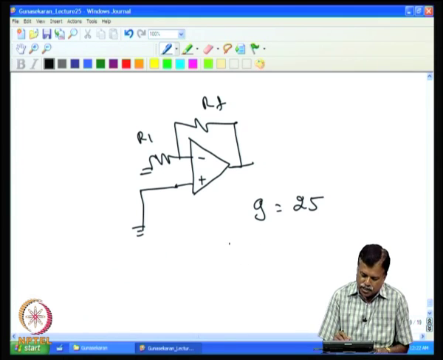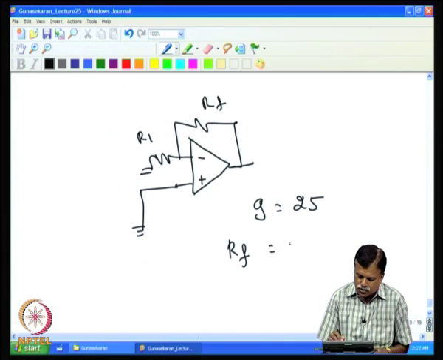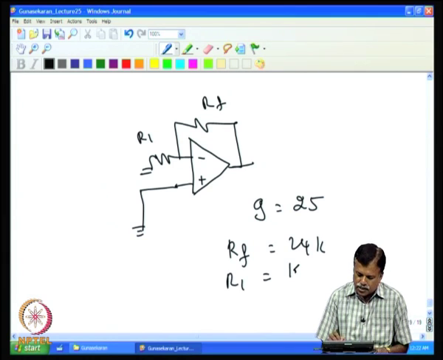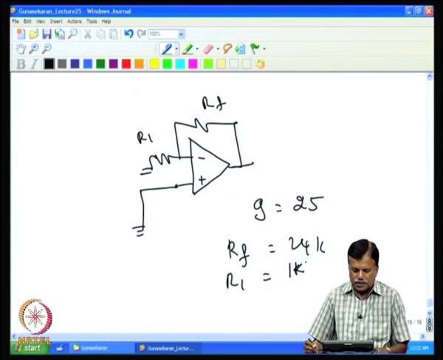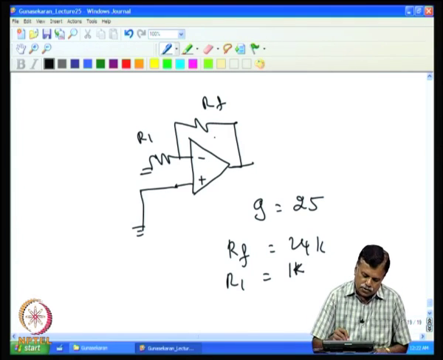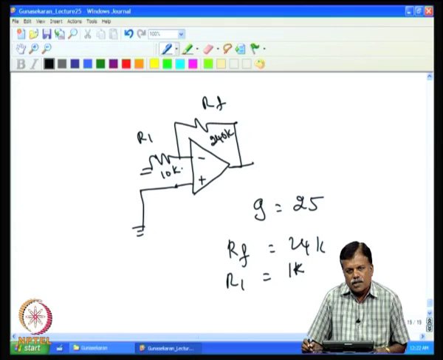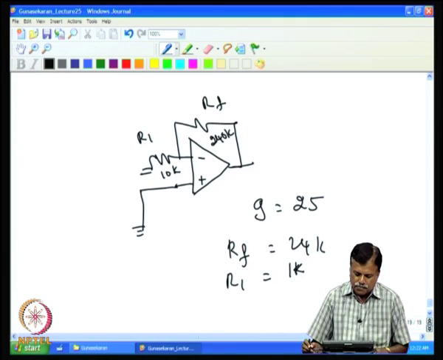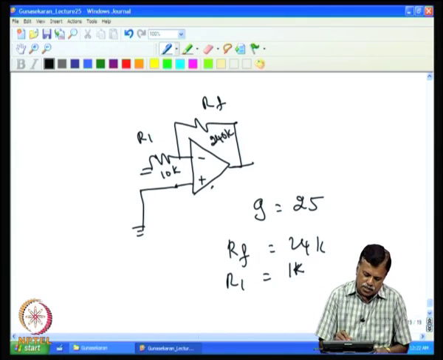If I put RF as 24K and R1 equal to 1K, then I will get a gain of 25. Now, for example, if I put here 240K resistance, and here I put 10K, then I have the gain of 25, assuming that the offset voltage is 0.